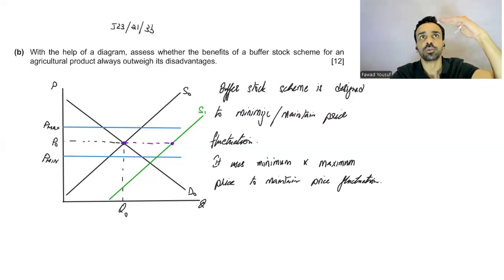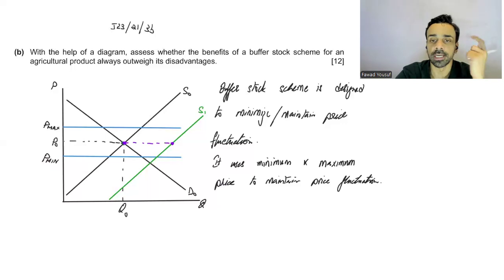Because price is either going to be below equilibrium if a maximum is placed, or above equilibrium if a minimum is placed. So within a single product, you can't have both effective maximum and minimum. It's just not possible. You can have only one of them. Now we placed both, and both are ineffective. In different scenarios, one of them will become effective.